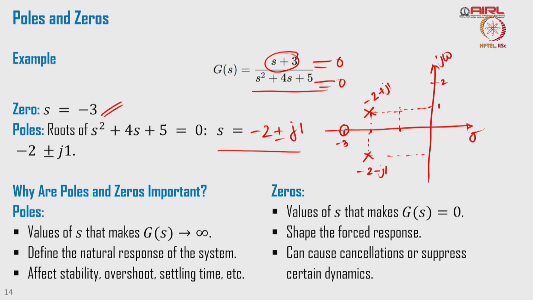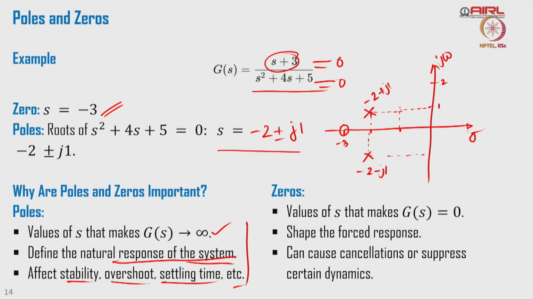Poles become important because at a pole, G(s) becomes infinity. So, we can relate stability here in some way. Poles define the natural response of the system, and affect stability, overshoot, settling time, all the performance metrics we are talking about.